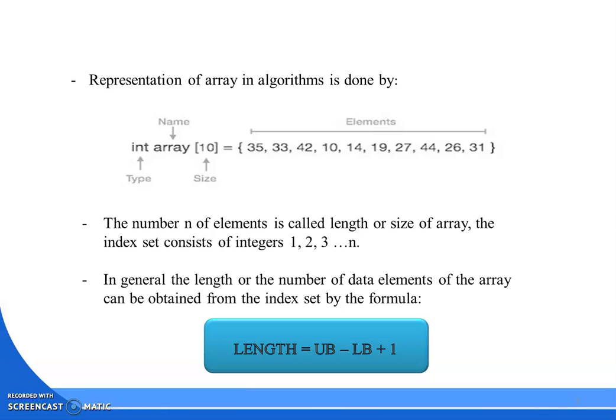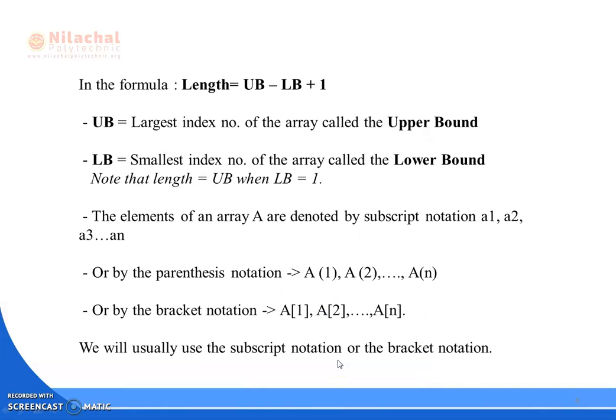So this is the formula to find the length or size of the array. In this formula, we first of all need to know what is upper bound and what is lower bound, and to find the length we will do upper bound minus lower bound plus 1.